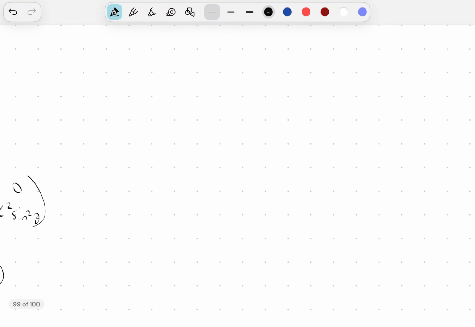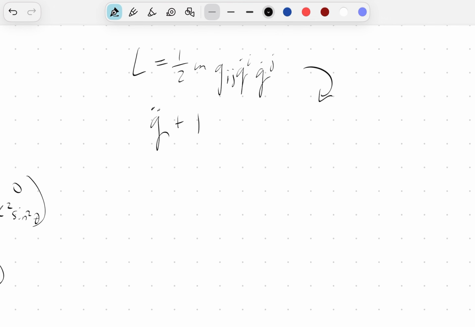Okay, so in general, for this Lagrangian, 1/2 g_ij with our coordinates quadratically mixed, this should give us the Euler-Lagrange equations with the Christoffel symbols permuting the indices here.